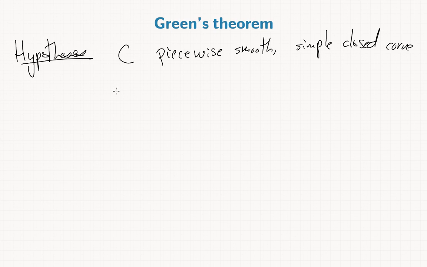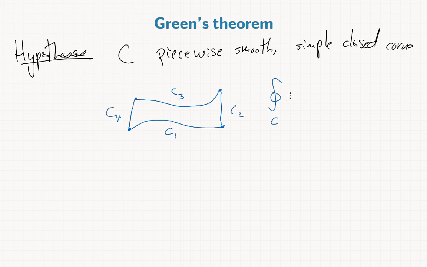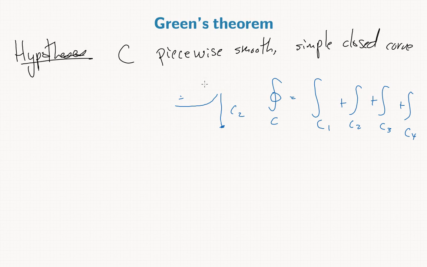Piecewise smooth means like if I had this, this is not a smooth curve, but I can break it up into C1, C2, C3, C4, and now the integral over C would be the integral over C1 plus the integral over C2 plus the integral over C3 plus the integral over C4. So we can work with mild deviations from smoothness as long as you can break it up into smooth things. Okay, so let's just comment on why we say piecewise smooth.